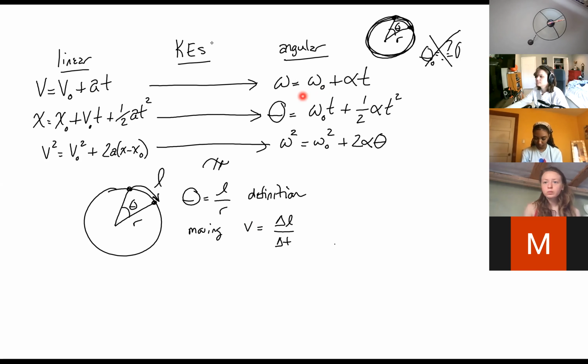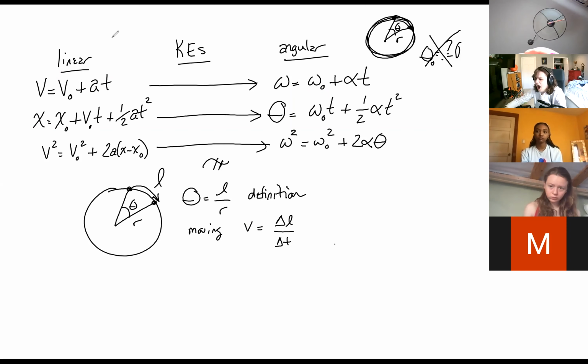Because these kinematic equations just talk about what's going on in either space. This is entirely angular, this is entirely linear. But what if we knew, for example, a linear velocity and we wanted to translate to angular space, and we'd have to do something different?